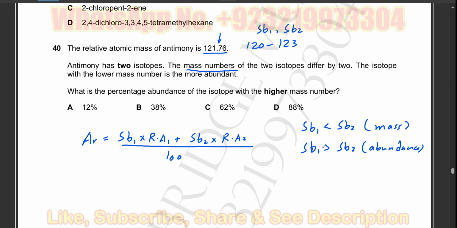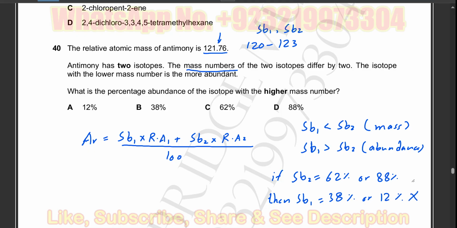That's the other information. Now, considering these 2 points, if the second isotope, which is the heavier one, has one of these 2 percentages given in the options, 62% or 88%, it means that the percentage of the first isotope will become 38% or 12%.